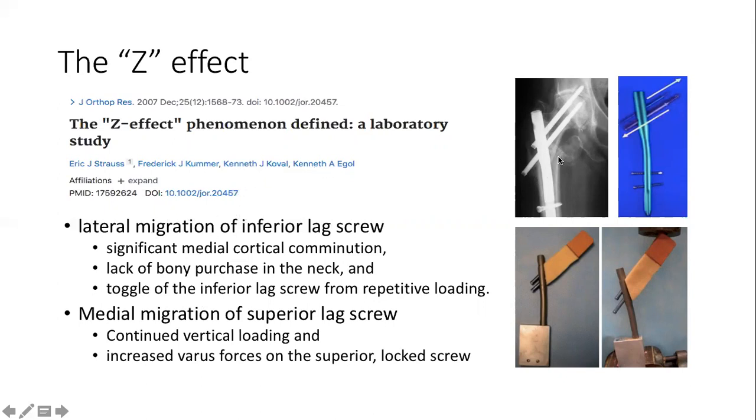Now, the lateral migration of the screw, like a medial cortical communication, is not something that we can control, but to prevent the lack of bony purchase of the neck, the screw given in this two screw system should always maintain that, first of all, and to prevent toggling we should maintain appropriate diameter of the nail, so as to prevent the lateral migration of the inferior screw.